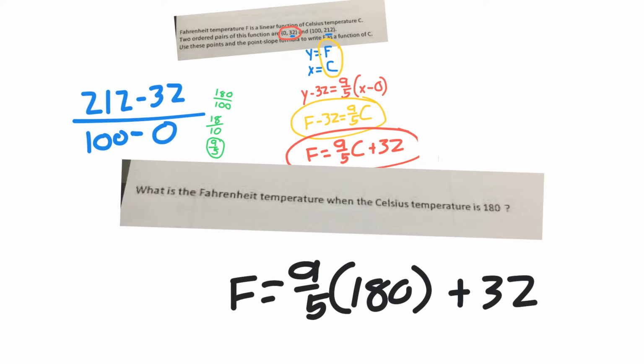That's 36 times 9, 360 minus 36 is 324. 324 plus 32, 356. Is that right? Did you plug it in? Okay. Yeah. So the Fahrenheit temperature would be 356 degrees, which again is hotter than I care for it to be.